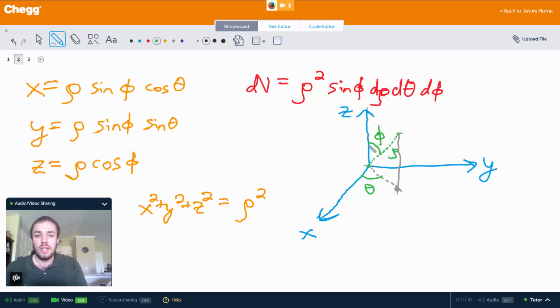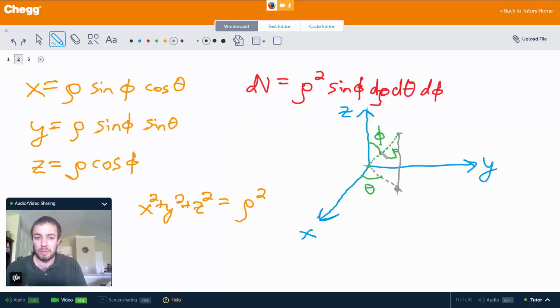We might expect, okay, phi is also an angle, so we want phi to go from 0 to 2 pi. But that's actually not quite right, because if phi goes from 0 all the way around to 2 pi, we're going to end up double counting some stuff. Because if we think about having a unit ball here, rho going from 0 to 1 is going to give us the entire radius.